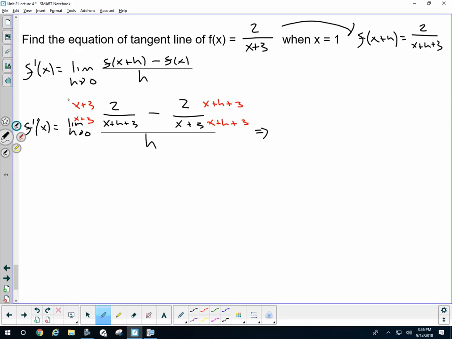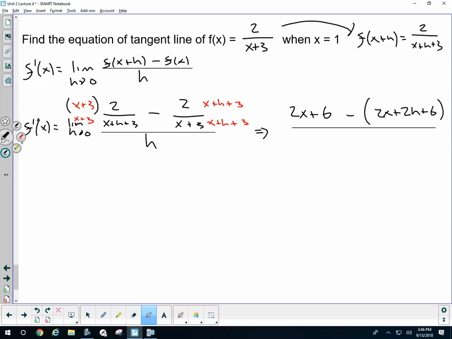I'm going to go ahead and distribute the 2 into the x plus 3. I'm going to make sure I'm subtracting the entire 2x plus 2h plus 6. I have a common denominator, so I can subtract those.